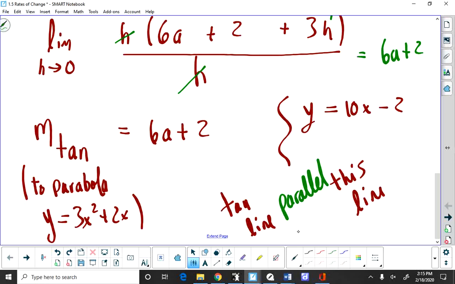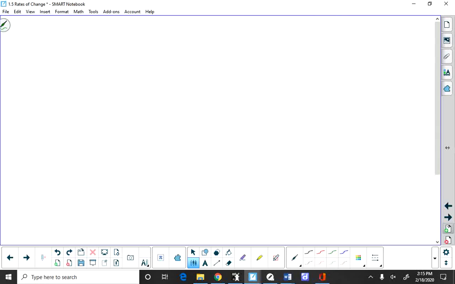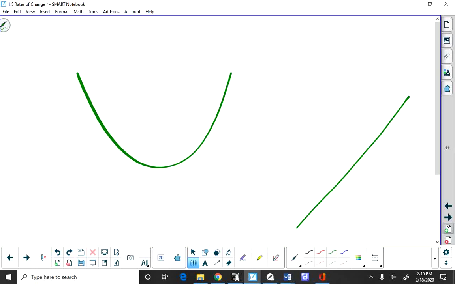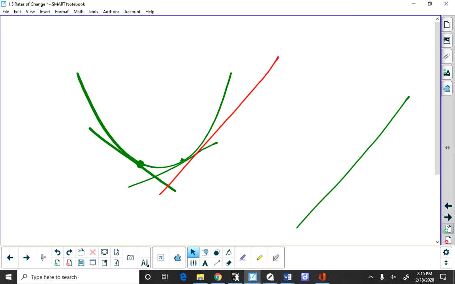So, I'm not going to worry about the exact nature of this graph, but there's a parabola here, and there's a line here. Would you agree that this point has a tangent line which is not parallel to that line? Right? This point is not parallel, but somewhere along here, there will be a point so that the tangent is parallel.